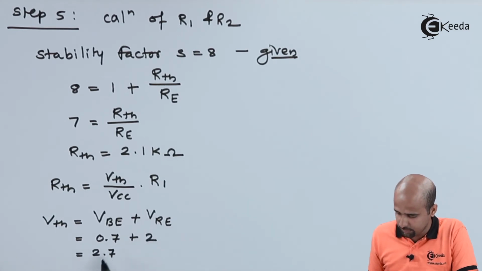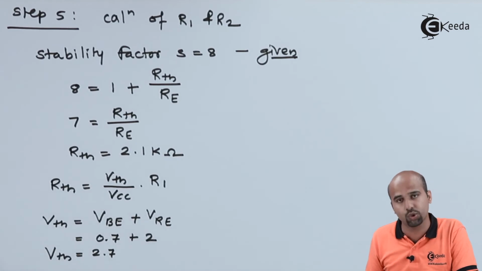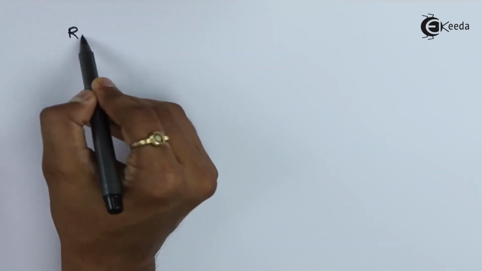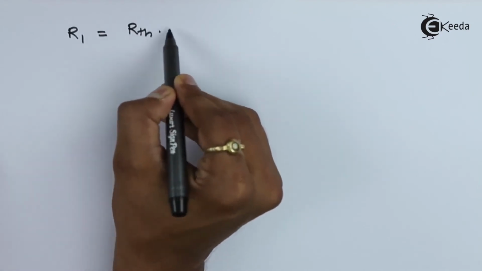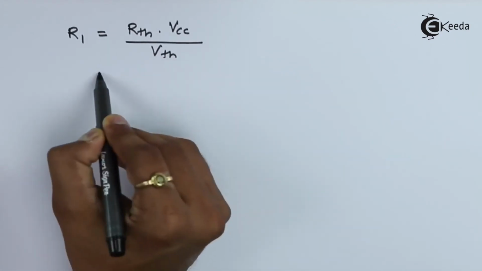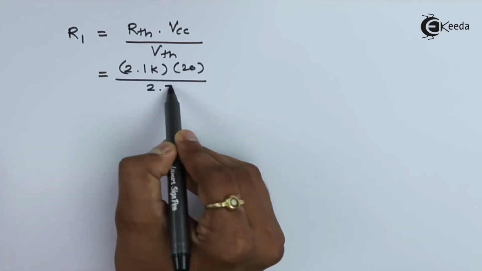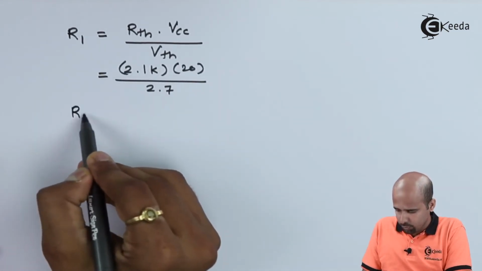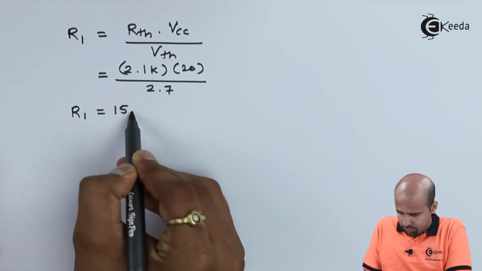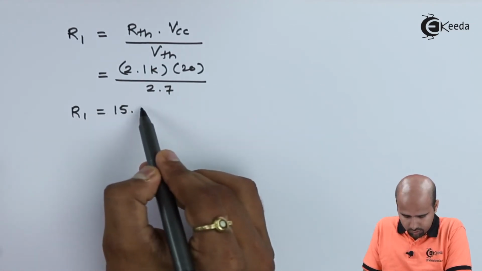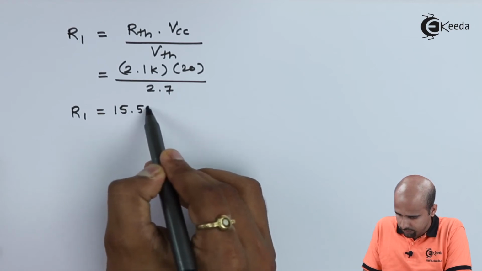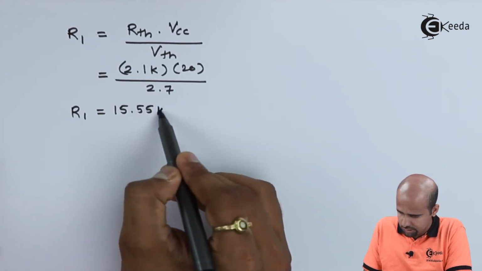So 2.7 volts is the value of VTH. VCC is known to us, RTH is known to us, so we can easily calculate the value of R1. R1 is coming out to be 15.55 kilo ohm.